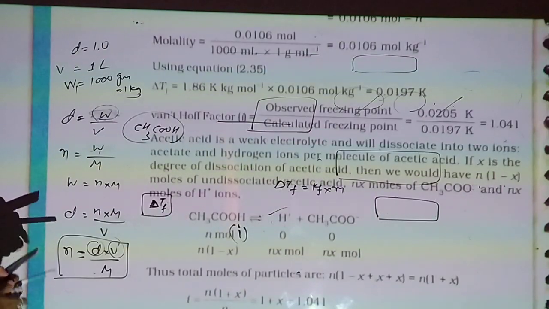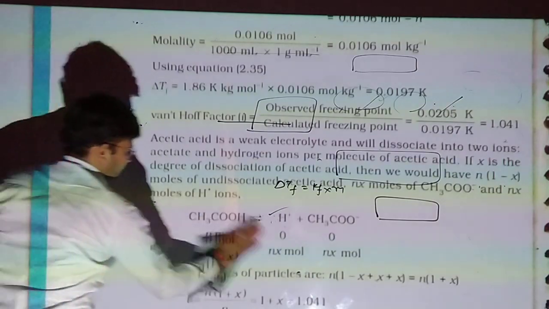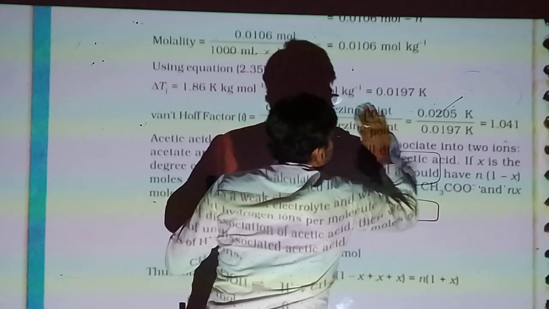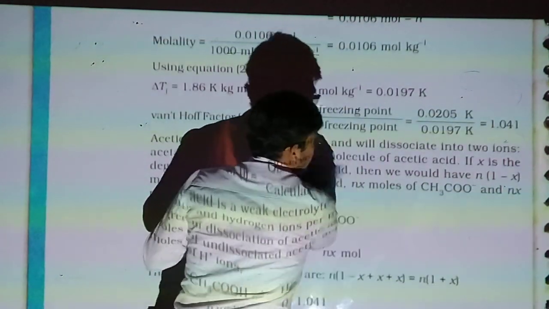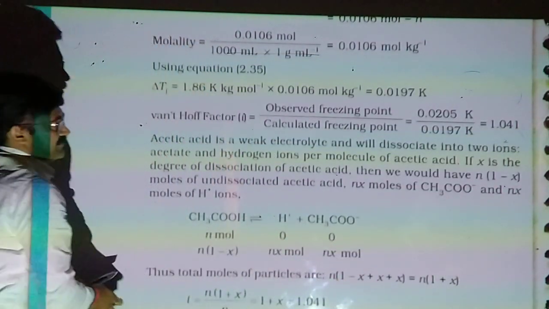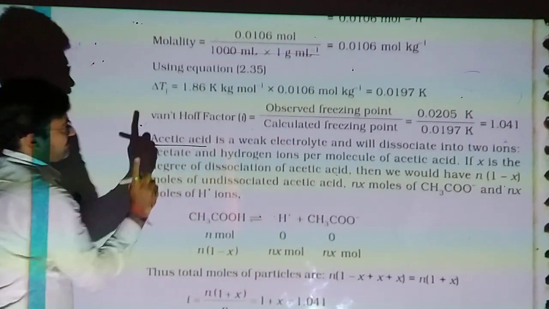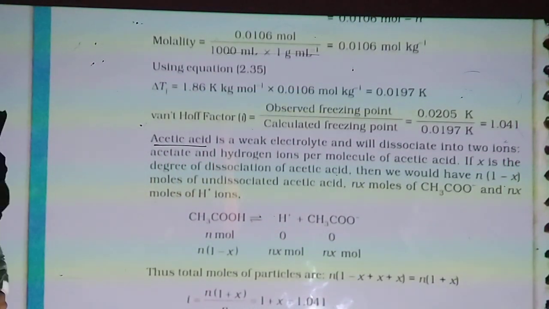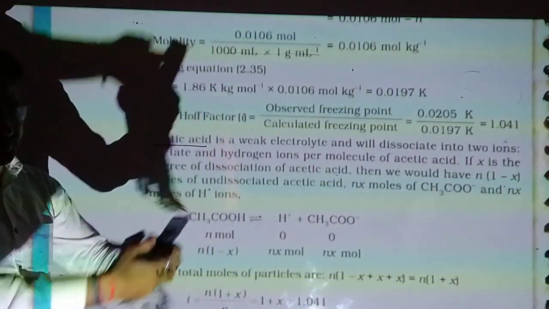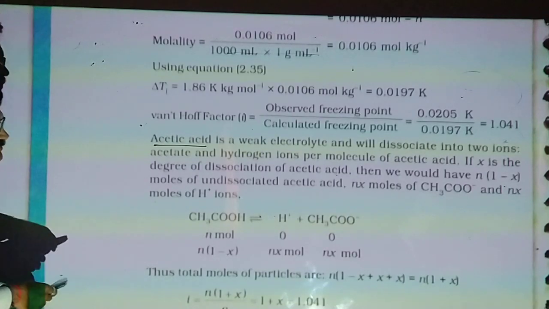Now our acetic acid is a weak acid, not a strong one. Acetic acid is a weak electrolyte which dissociates. Remember, when acetic acid was put in benzene, there was association. When put in water, dissociation occurs.